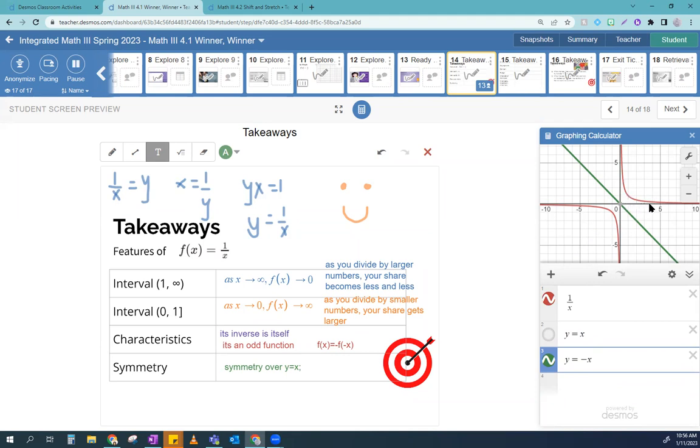Like if I plug in 4, so this point here is going to be this point here. So if I plug in 4 here, I get out 1/4. So if I plug in 1/4, I would get out 4. And the answer is yes, right? So I'm going to write that here. So y equals -x. Does it make sense when I put like symmetry over this and this? You guys all see that?